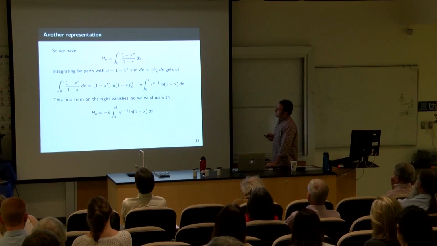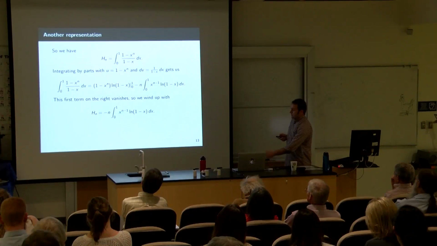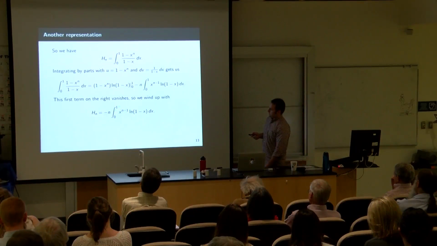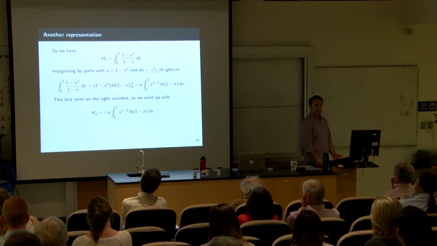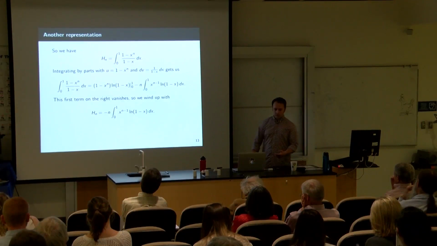This term actually vanishes when you look at the limits 0 and 1. And so all you're left with is just the integral here. So this is another representation. Minus n integral x to the n minus 1 natural log 1 minus x. So that might look a little more complex because you have a log, but it's another representation, so it might be useful.